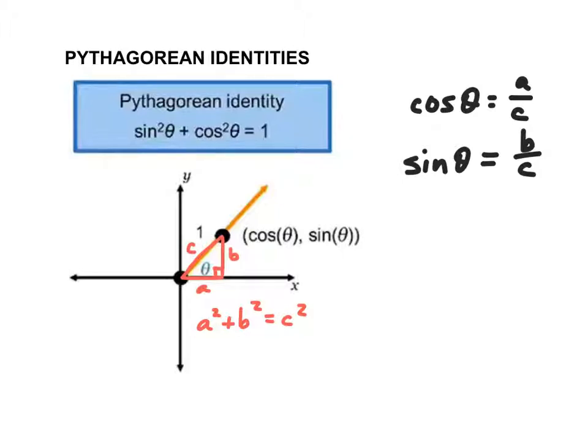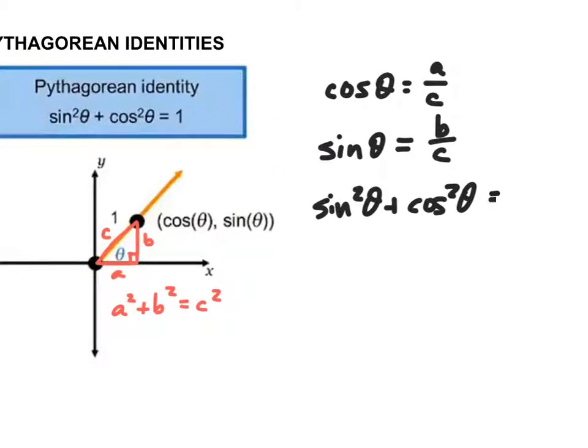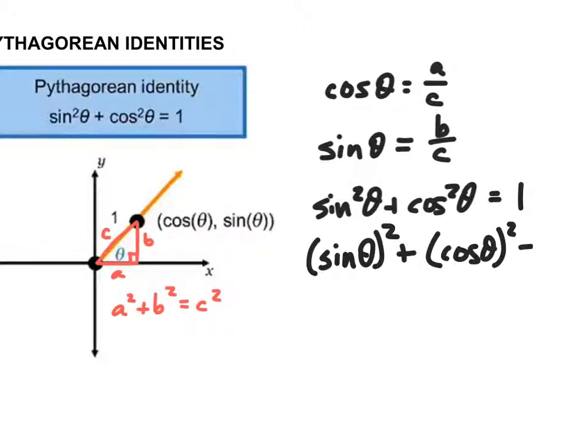All right, so what I want to do is this. Sine squared theta plus cosine squared theta is equal to 1. Okay, the first thing is, when you write sine squared theta, what you're really doing is taking sine of theta and squaring it, plus the quantity cosine theta, and you're squaring it, and that's going to equal 1.